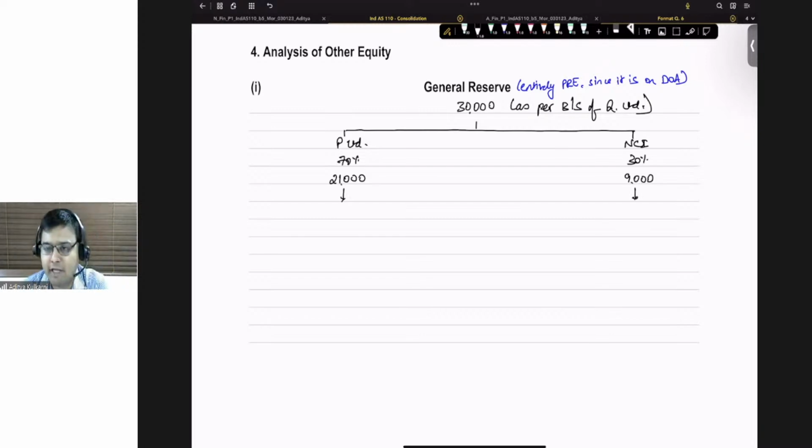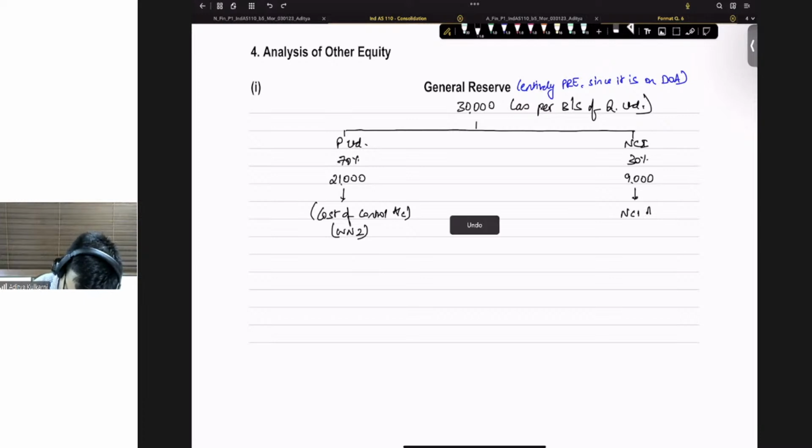Entirely it is pre, since it is on the date of acquisition. So this will go to cost of control account, that is working note 2. And where will this go? NCI account, that is working note 3.